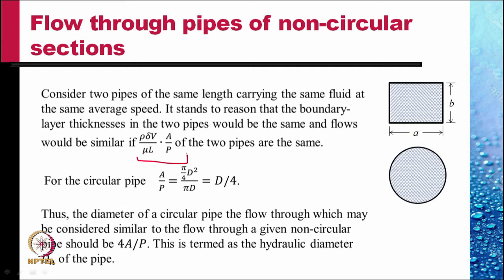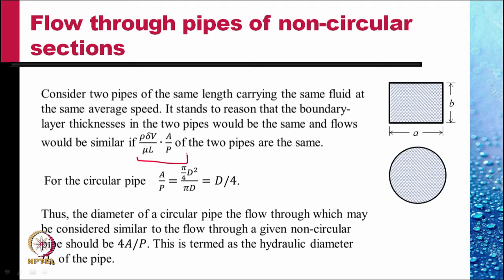The value of A by P for a circular pipe is pi by 4 d square divided by pi d, which is d by 4. So, we take 4A by P as the equivalent diameter of any pipe.